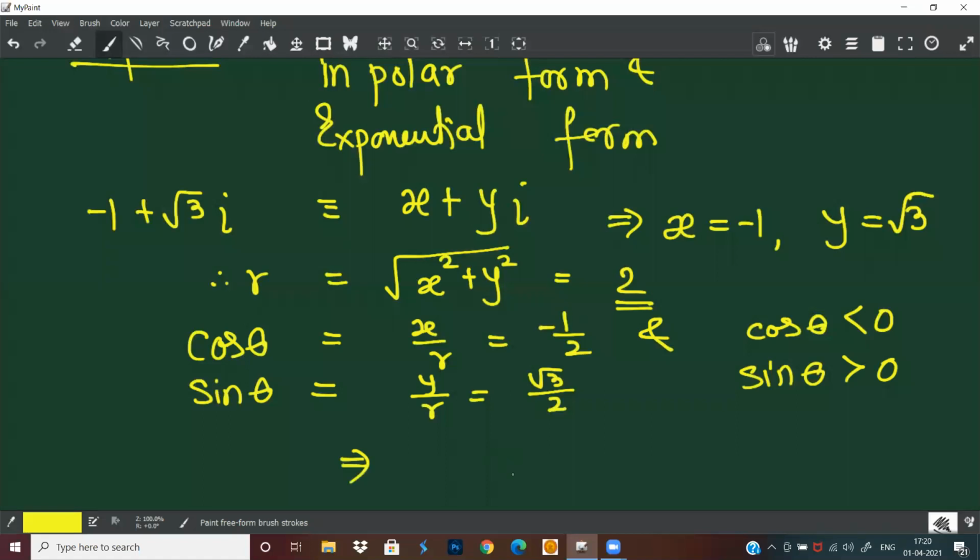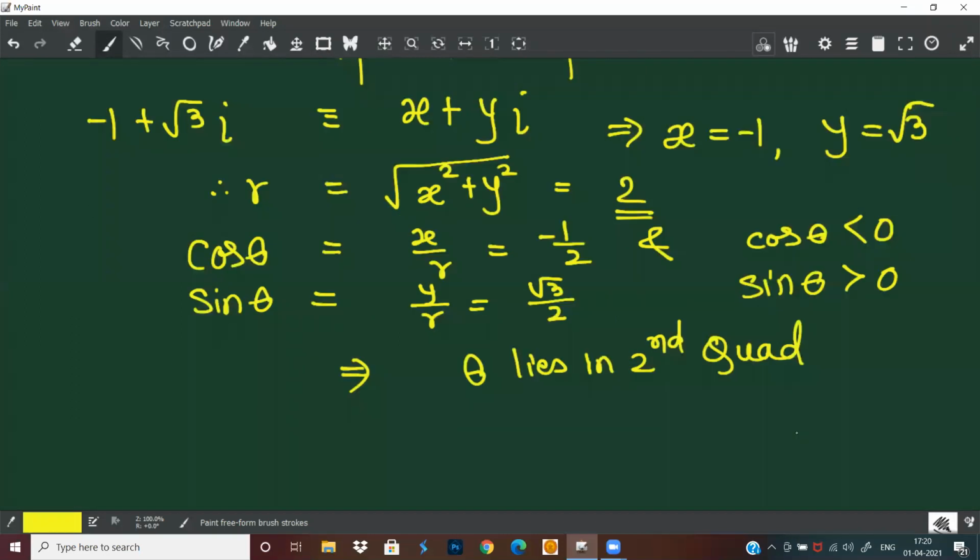Yes, superb answer, very good. Theta lies in second quadrant. Do you remember I had given you the formulas in all 4 quadrants? So you have to just forget the negative sign for the time being and tell me what is the value of alpha. Cos of what is half and sine of what is √3 by 2?